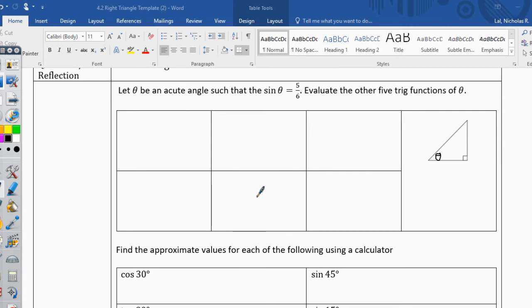All right, so what's the side opposite theta? So that side is 5. What's the hypotenuse? All right, so x squared plus 5 squared equals 6 squared.